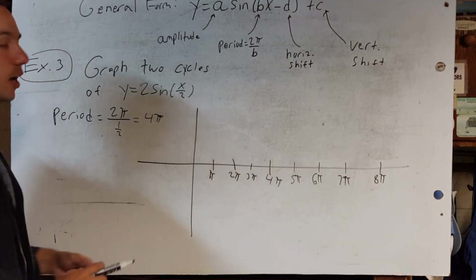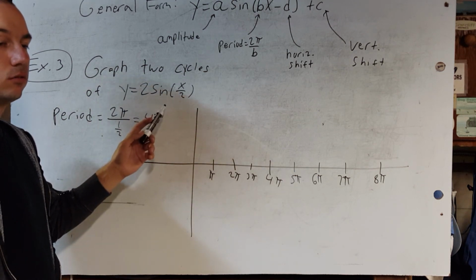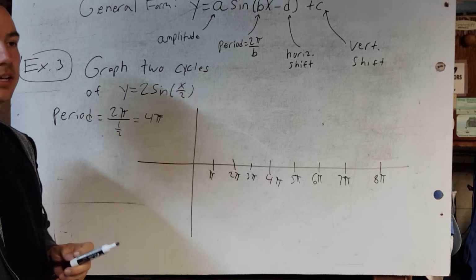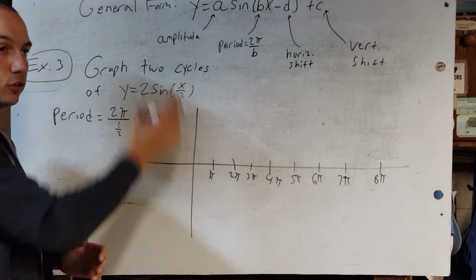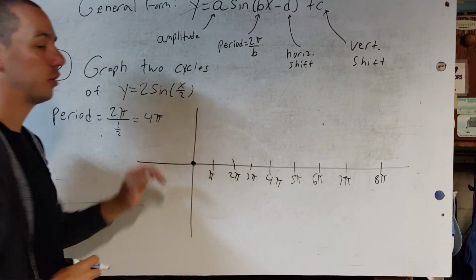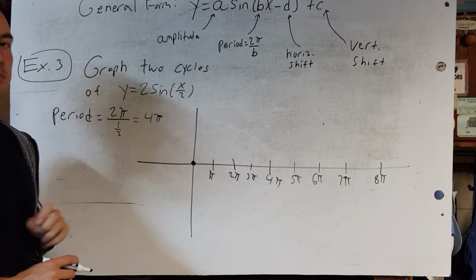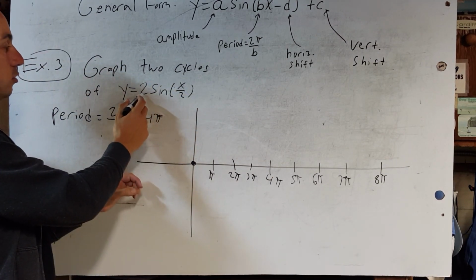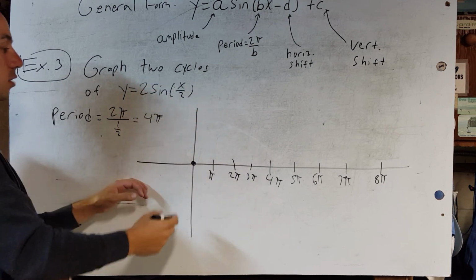Now, sine, I know, always starts at 0, because sine of 0 radians is 0, and there's no vertical shifts going on here. So sine starts at 0. Okay, sine's normal maximum value is 1, but since my amplitude is 2, it's going to be twice as high.